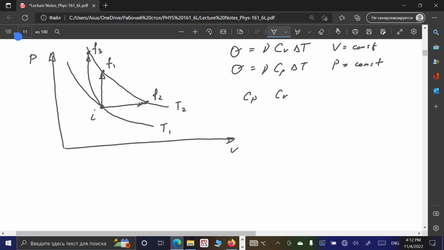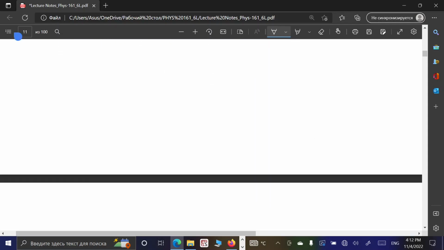In that case, since we consider processes with the same change of temperature and the same change of internal energy, it will require more heat to be transferred in order to increase temperature from T1 to T2 for the process with constant pressure. And with constant volume, obviously, we will require less. So it means that Cp will be larger than Cv. How much larger, we still don't know, but that we can consider in more detail now.